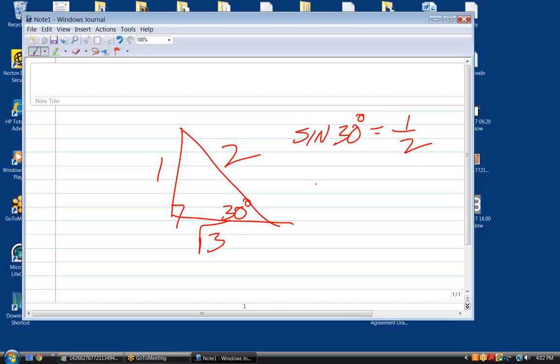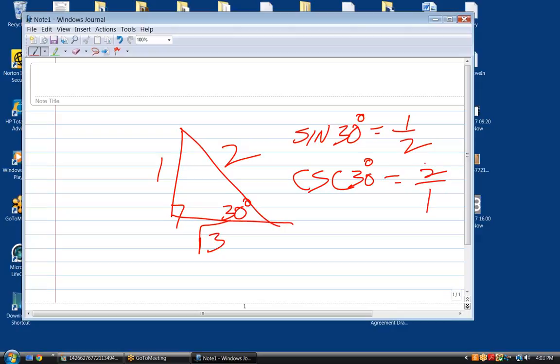So what's the reciprocal of sine? Cosecant? Yeah, you got it. So therefore, the cosecant of 30 degrees, being the reciprocal, has to be what? 2 over 1. Exactly. 2.